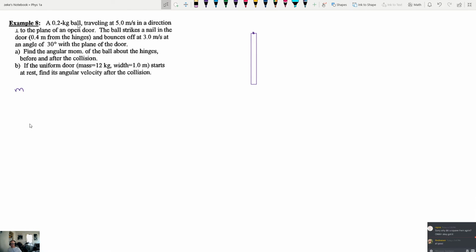What's the mass of the door? Yeah, there it is right there. So little m is going to be 0.2 kilograms. And in this one, the ball is going to be moving to the right. We'll call the speed v initial, and say that v initial is equal to 5 meters per second.